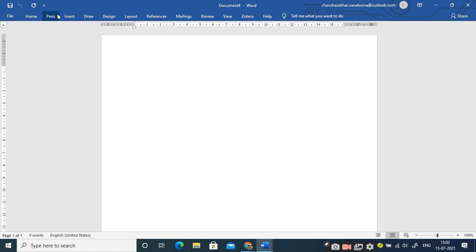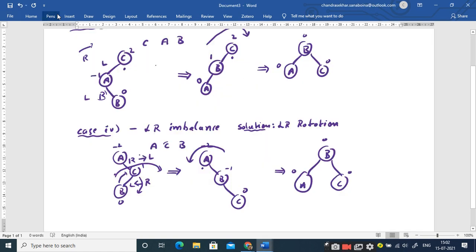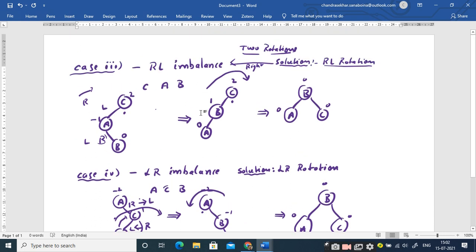And if you observe the previous discussions, how many rotations you are applying here in case 3 and case 4 for RL and LR imbalance? 2 rotations, right? So we call these 2 categories as double rotations.